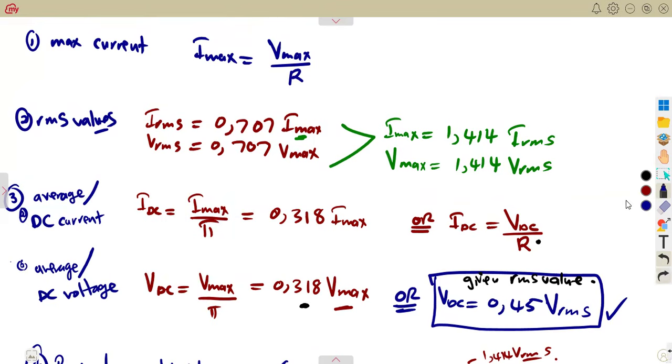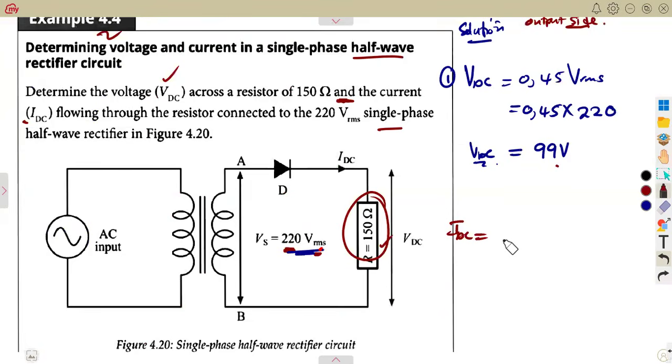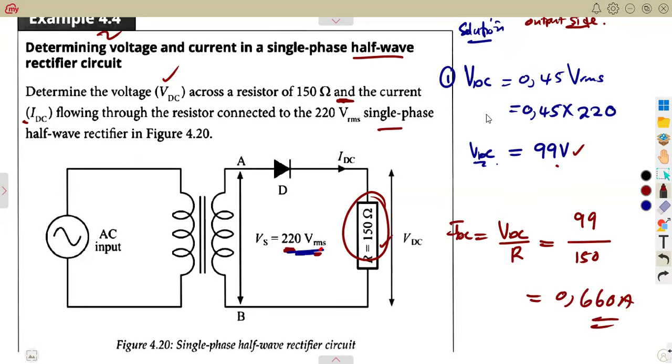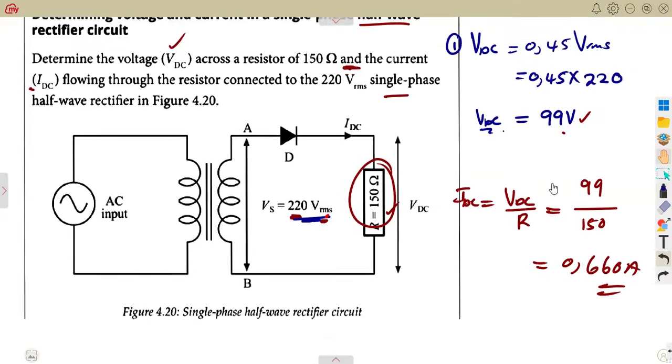So we can simply use IDC is VDC over R. That is the voltage that we calculated, 99, over R. What is the resistance at the output? That is 150. So that is going to be 0.660 amps. That's our IDC there.